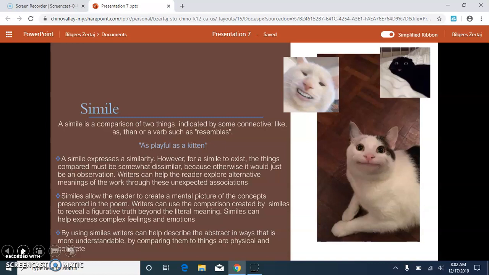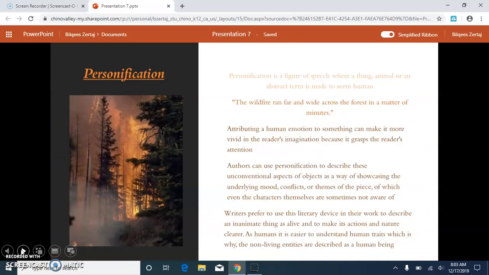Writers can help the reader explore alternative meanings of the work through these unexpected associations. By using similes, writers can help describe the abstract in ways that are more understandable by comparing them to things that are physical and concrete.